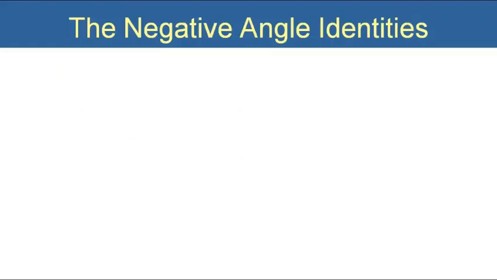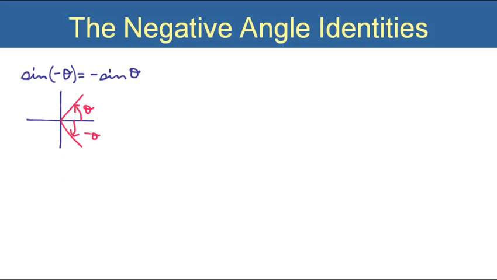Let's see if we can figure out now why these negative angle identities work the way they do. We'll start with the sine identity. Let's look at a coordinate system that has a positive theta drawn on it, and of course this theta is in quadrant 1. And we could also draw a negative angle the same size that would be in quadrant 4.